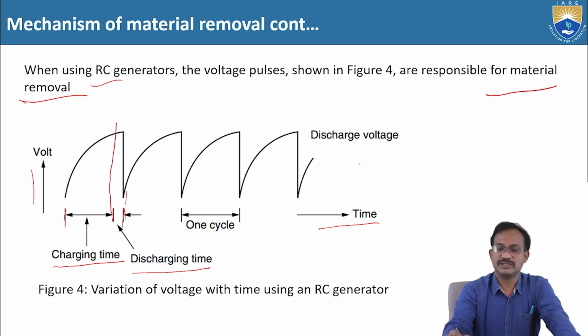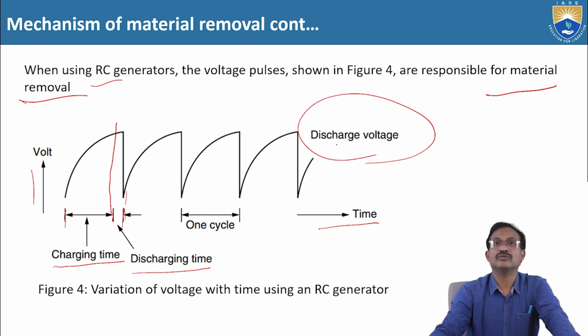Okay, so this is about discharge voltage. Here one cycle is the gap between the starting and ending of one peak.